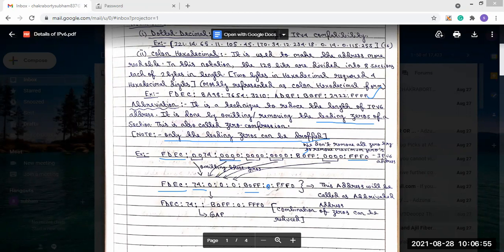So we cannot remove zero from here. So the address will look like this. We can say this address will be called the abbreviated address.